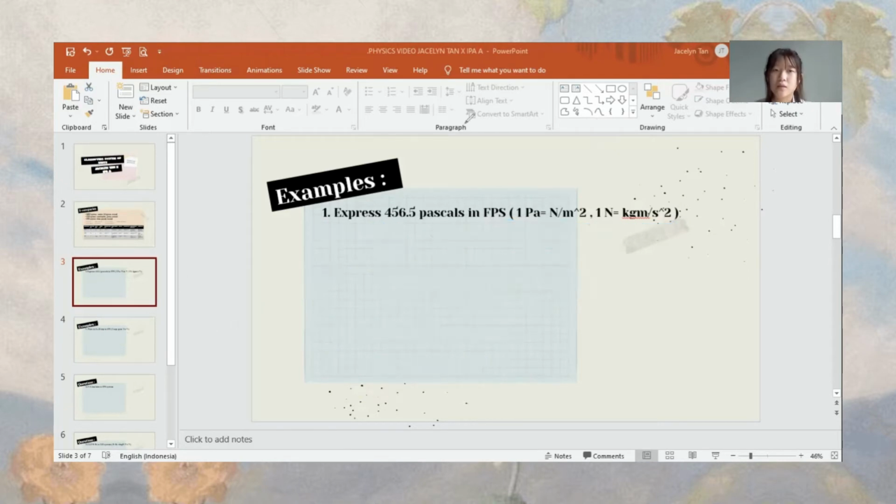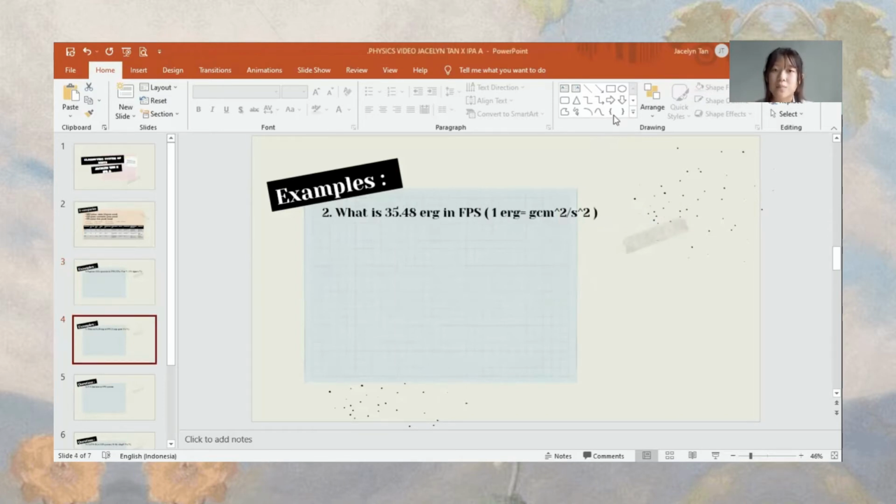So next, this is the next example. What is 35.48 erg in FPS? 1 erg is equal to gram centimeter squared per second squared. So first we will write it as 35.48 gram centimeter squared over second squared.